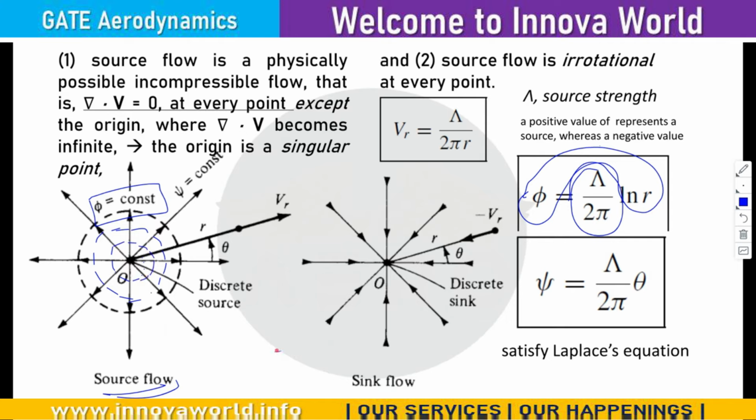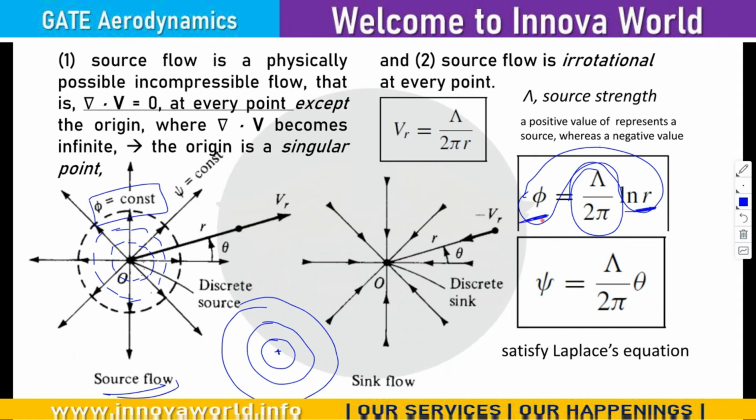That means there will be the same point, and from the same point we will have circle after circle as the radial distance changes. If this kind of figure is given, it represents the velocity potential for the source flow, because that represents the radial distance in terms of phi.